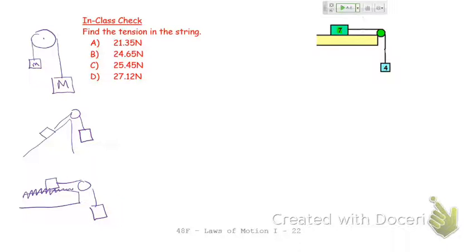So there are various combinations I can do in this. We're going to start off with a relatively simple one. It's a frictionless table, and it is two masses. So there's no friction there. Let's write that down: frictionless interface there. Good.